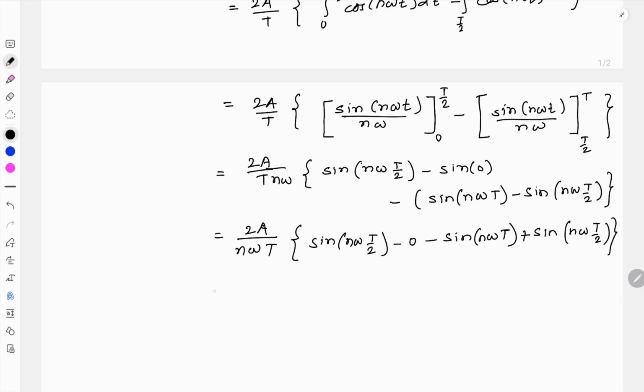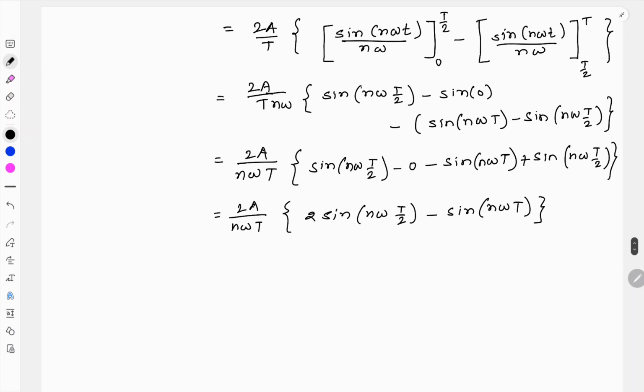So now we get the equation as 2A upon n omega T times 2 sin of n omega T by 2 minus sin of n omega T. But now we know that this omega can be represented as 2 pi f, which is nothing but 2 pi by T. For the given signal, capital T is the period, and frequency is the inverse of time, so it is represented as 2 pi by T. So just replace this value in this equation.